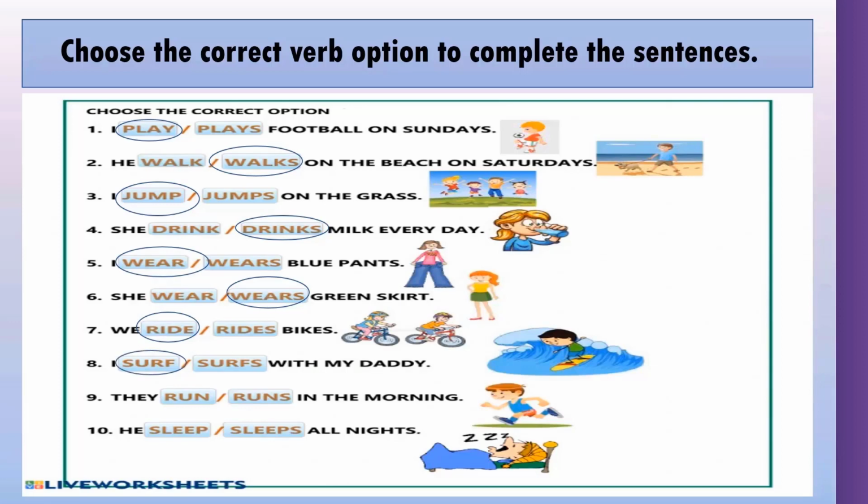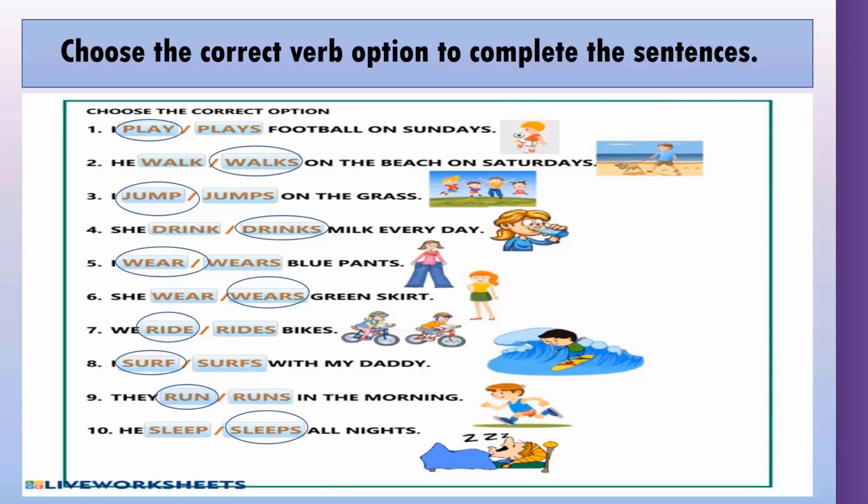Number 9, they are not third person singular. They run in the morning. Number 10, he is third person singular, so he sleeps all night. This worksheet has also been taken from Live Worksheets.